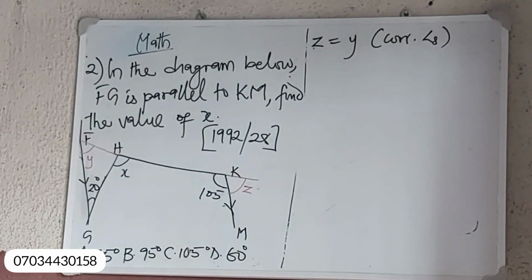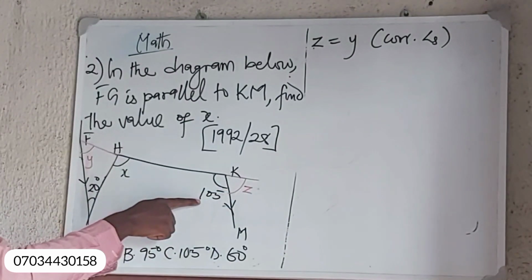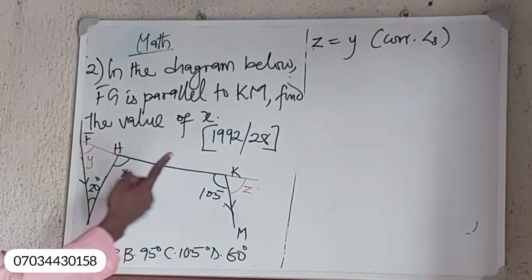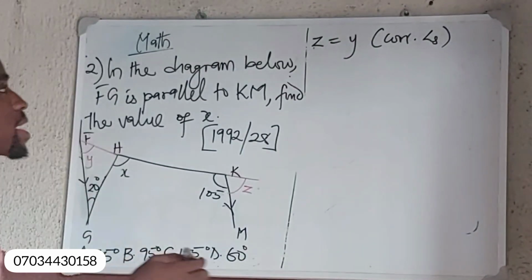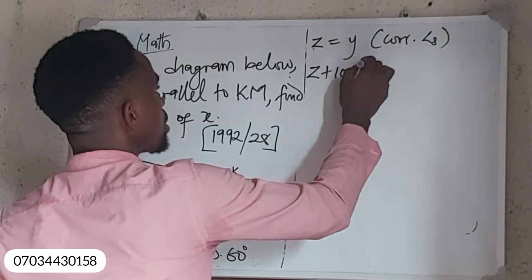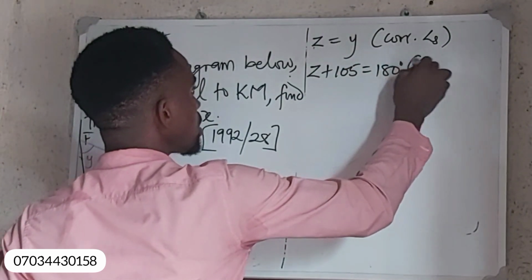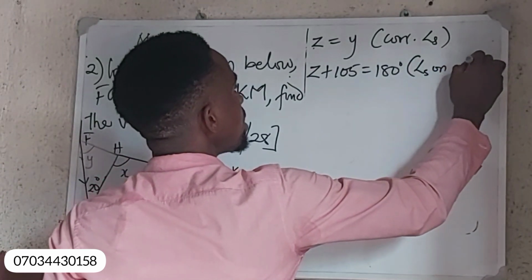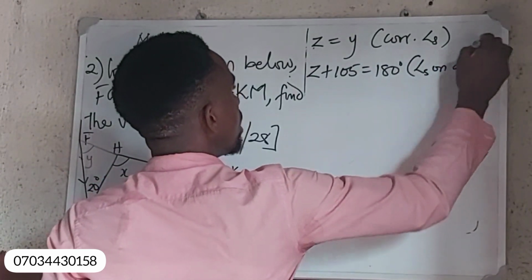Then we know that Z plus 105 is 180 degrees. The reason is angles on a straight line.